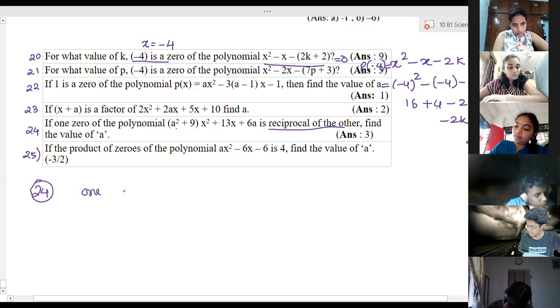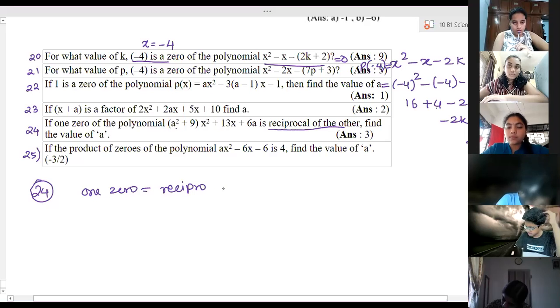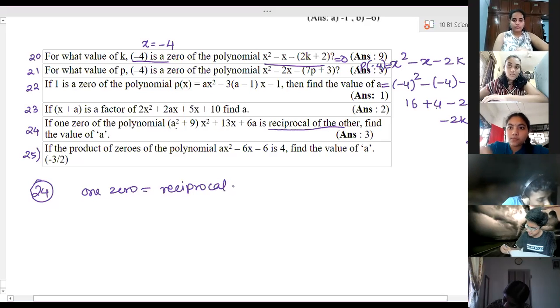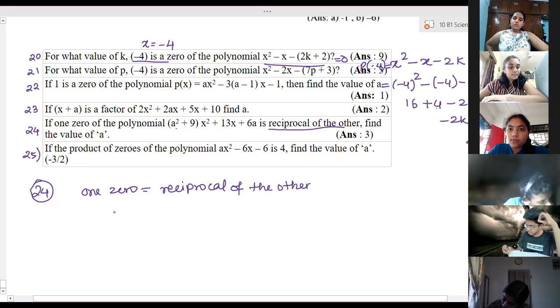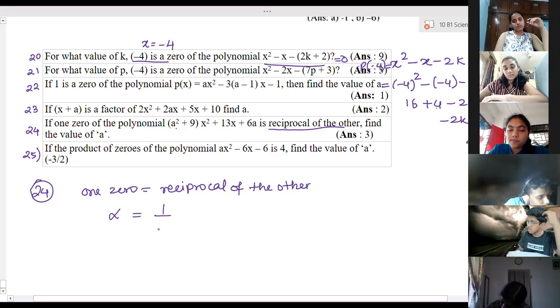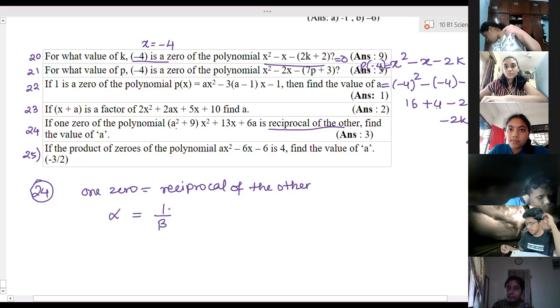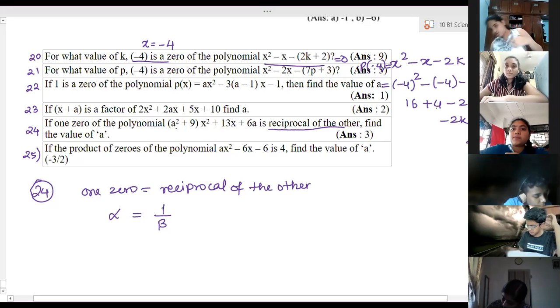So one zero is the reciprocal of the other. How can we use this sentence? If you consider alpha is the reciprocal of beta, the value of alpha is the reciprocal of the other zero, 1 by beta. Clear?